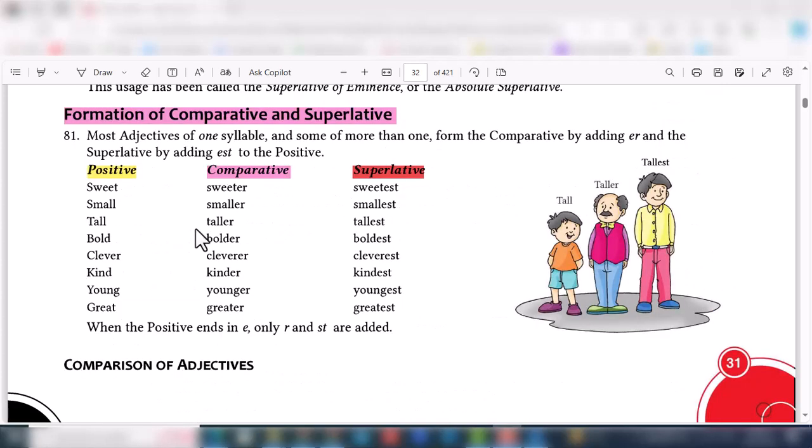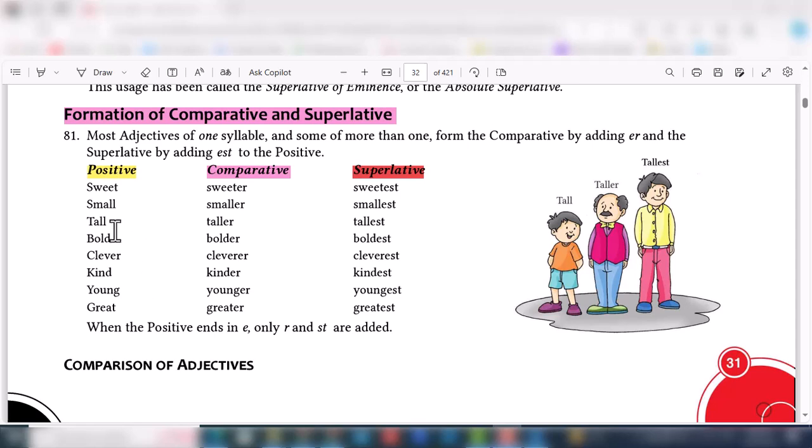Okay, then the next point is the formation of comparative and superlative degrees: how we can make the comparative degree from the positive degree, and how we can make the superlative degree from the comparative and positive degree. So here is a table. You can see here that according to the syllables we make these, as a comparative by adding er, and as a superlative by adding est to the positive degree.